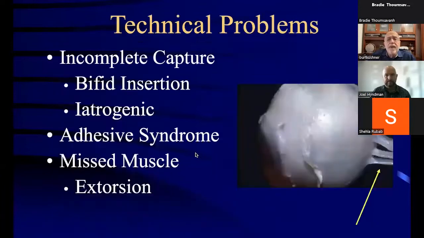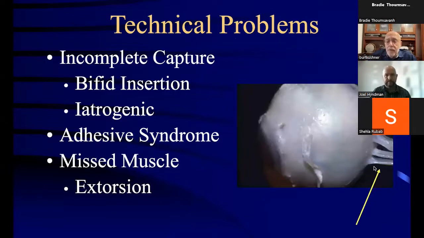Another example of unintended surgery. Technical problems. You can have a bifid insertion, or in this case, a trifid insertion. This is a slide courtesy of great Canadian strabismologist, Stephen Kraft.